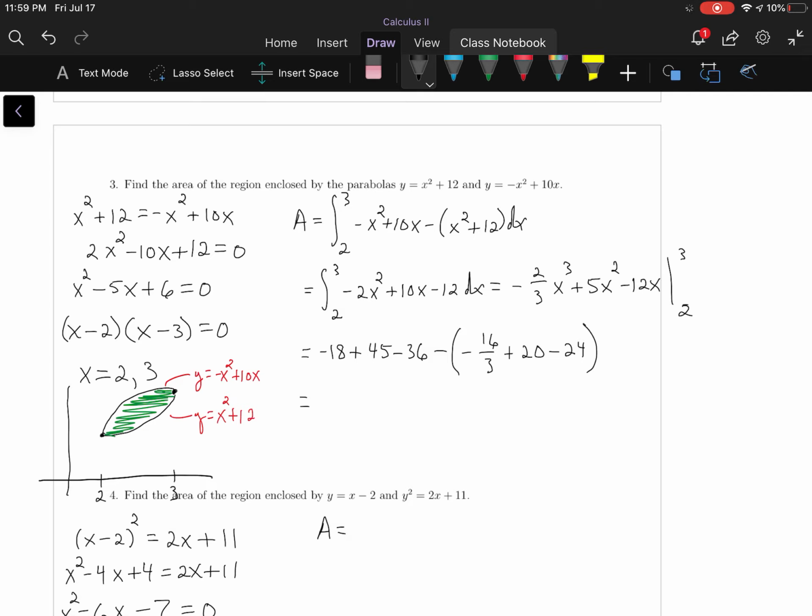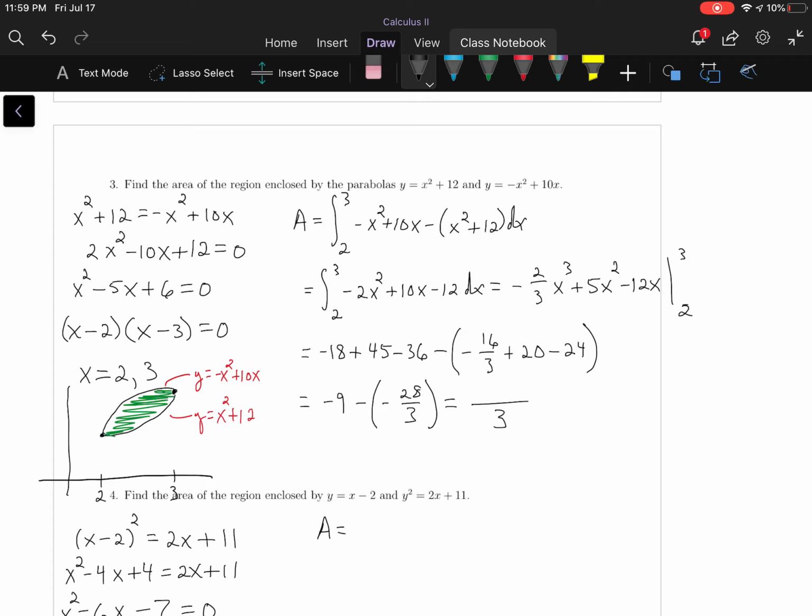And as we keep simplifying, I see that negative 18 minus 36 is negative 54, plus 45 is negative 9, minus, and inside the parentheses, the 20 minus 24 is negative 4, which is negative 12 over 3, or negative 28 over 3.